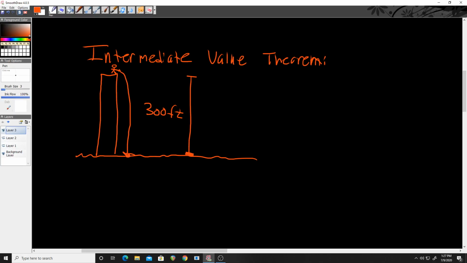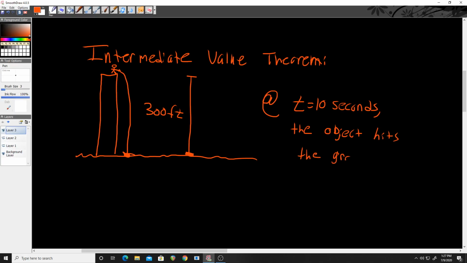Let's suppose at t equals 10 seconds, the object hits the ground. Okay? At 10 seconds, the object hits the ground. Let's say that's the case. Now, here's what the intermediate value theorem is all about.